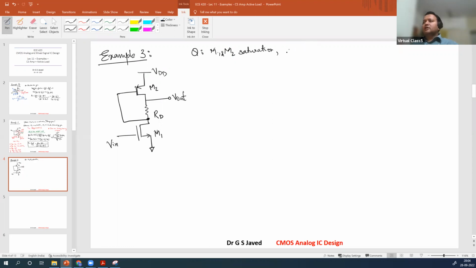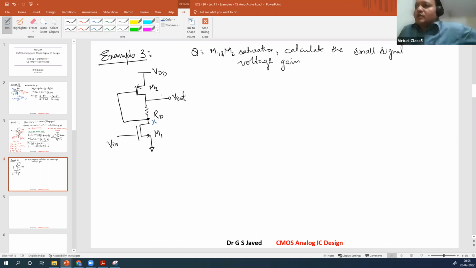Otherwise, what is it called? Calculate the small signal voltage gain. Right? Very simple. Now let us begin. This is a new voltage. We do not know what is the value. Let us call it X.